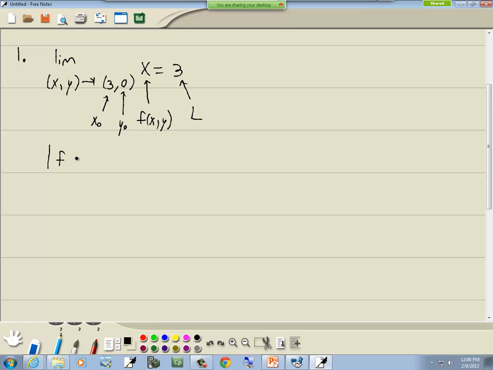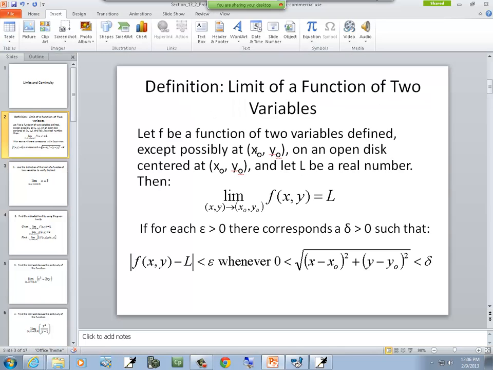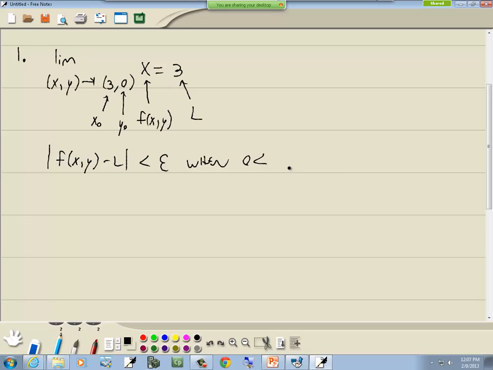And our formula is the absolute value of f of xy minus L is less than epsilon when 0 is less than the square root of x minus x0 squared plus y minus y0 squared is less than delta.